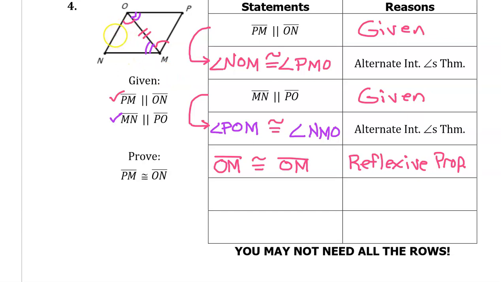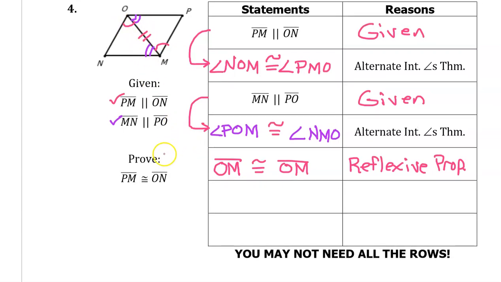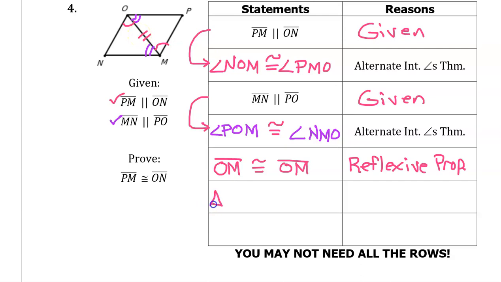And guess what? That's enough information to prove that the two triangles are congruent. I see the three pieces of information. As soon as you have enough information, go ahead and say that the two triangles are congruent. So the first triangle over here, I'll make this the yellow triangle. Okay, so this is triangle MNO.